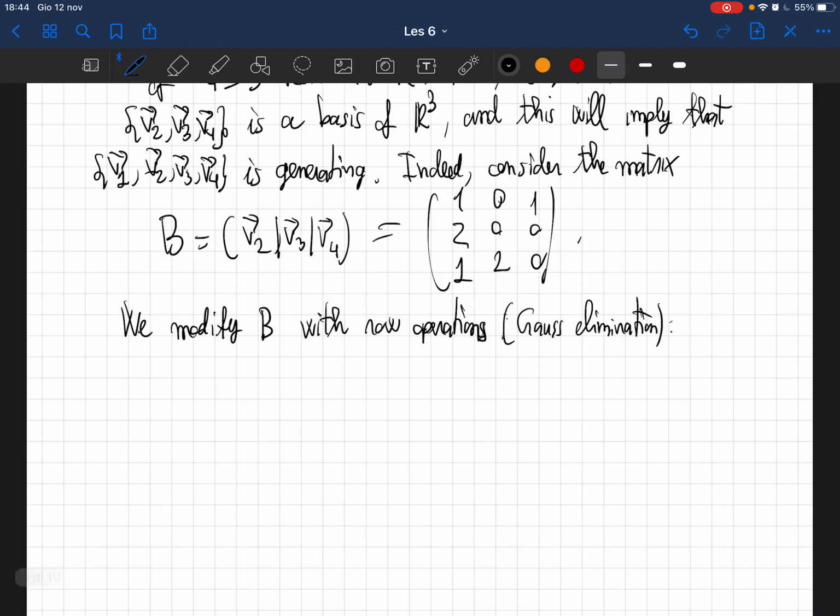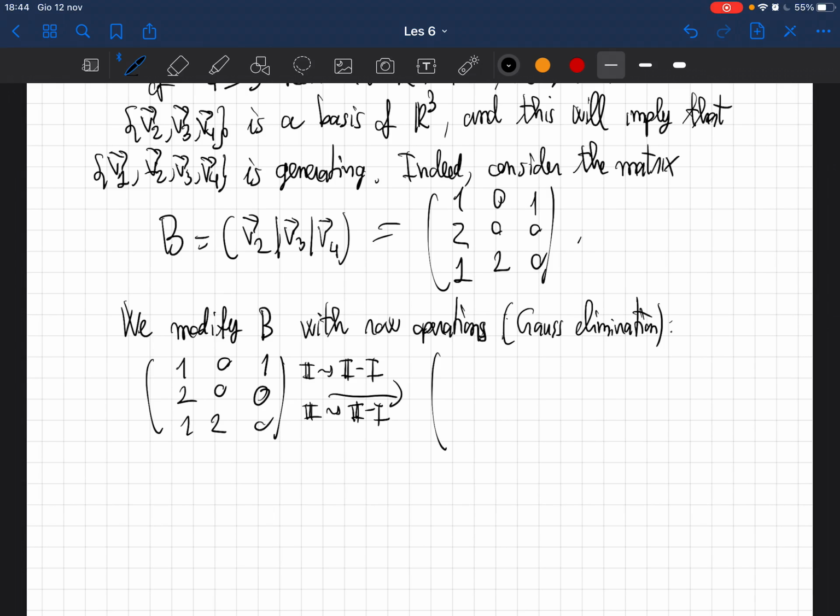Okay, so well, you can take this. And then from here, on the second row you replace it with the second minus the first, and the third you replace with the third minus the first again.